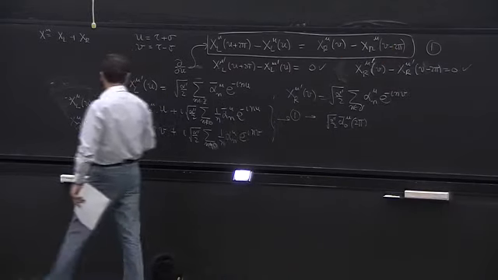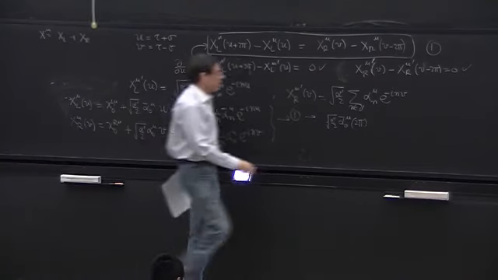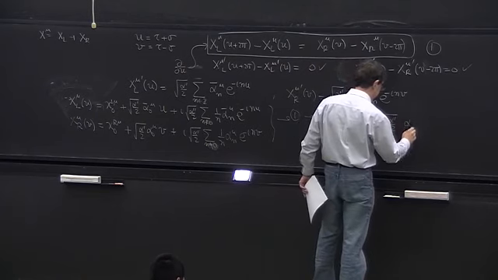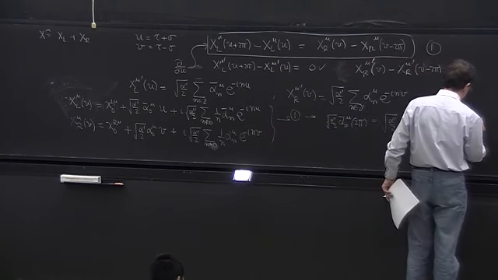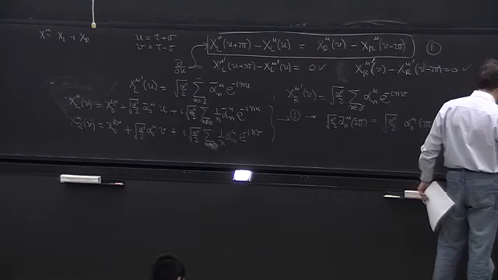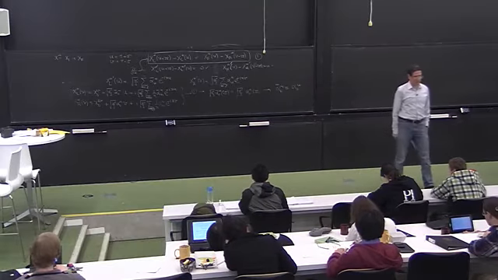And for this one, it's the same. This is periodic. This is certainly periodic. And here you get square root of alpha prime over 2 alpha 0 mu 2 pi. And we obtain that alpha 0 mu bar is equal to alpha 0 mu. Just one momentum on the string.